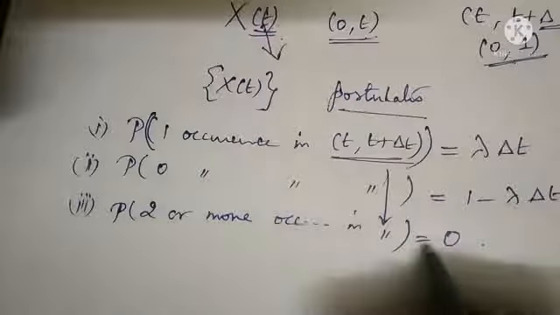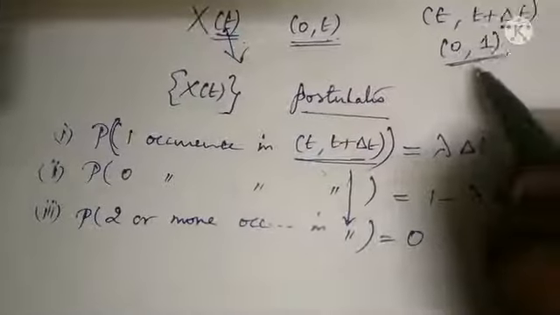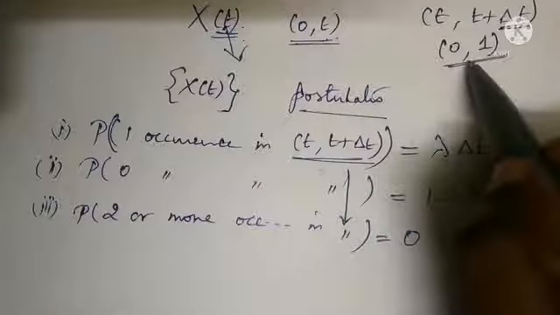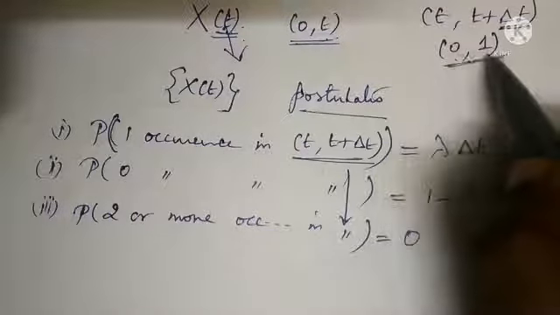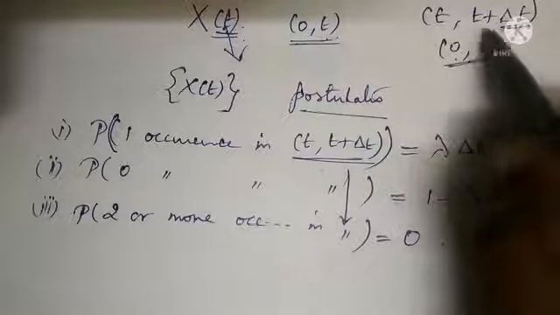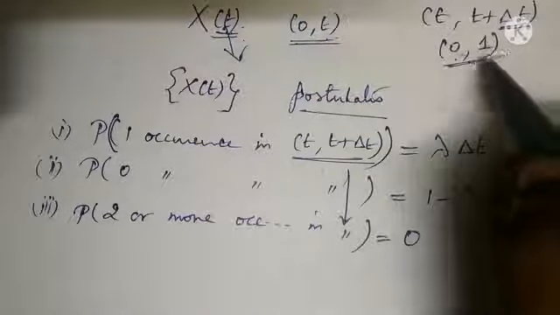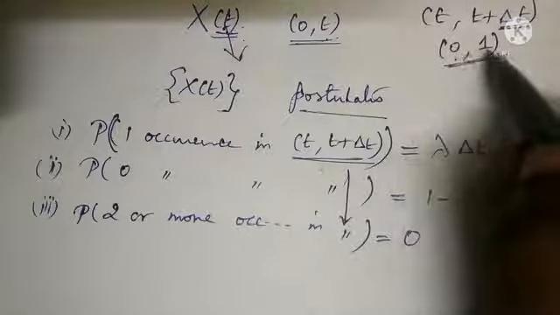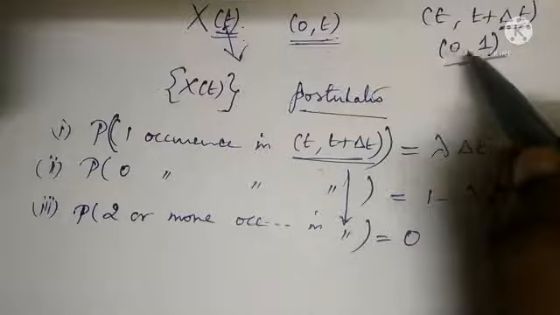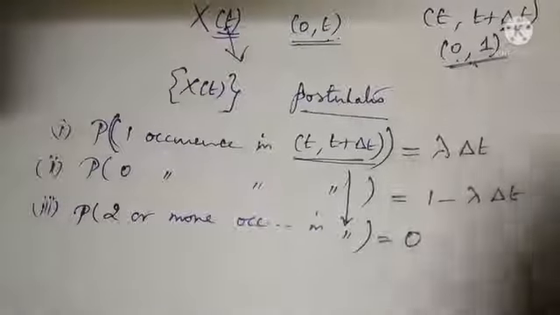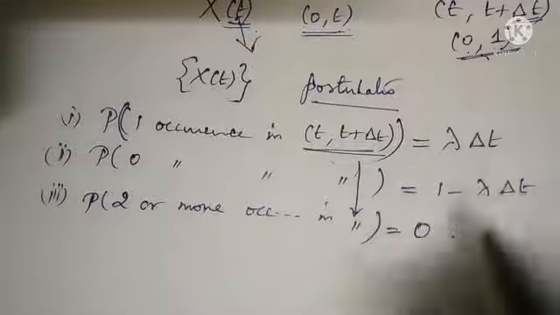It is a very small interval, maybe 1 second or a few microseconds, so there may be no occurrence or one occurrence in this interval. The probability of having two or more occurrences in a small interval of time is 0.